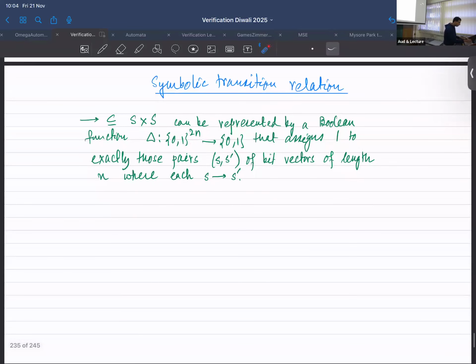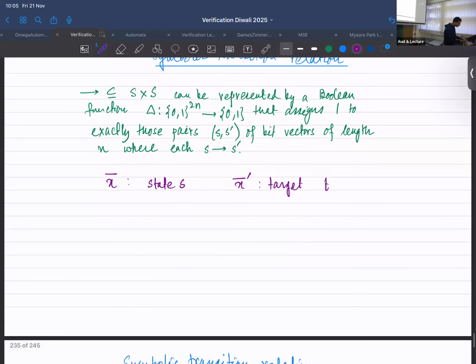The way I would write this is, I can have some x bar, which is a state S, the source, and I will use a primed variable here just to distinguish between the source and the target. This is the target, let's say it's called T. I think it will become clear.